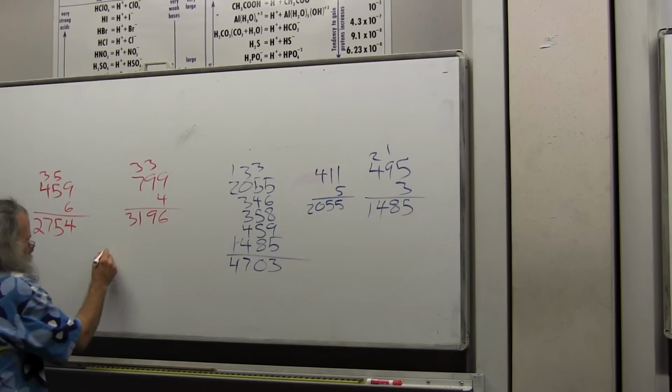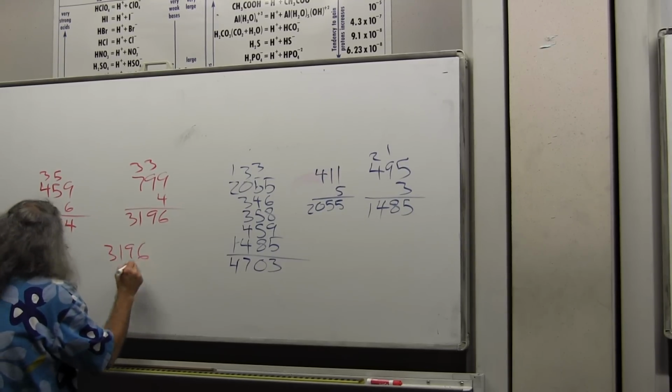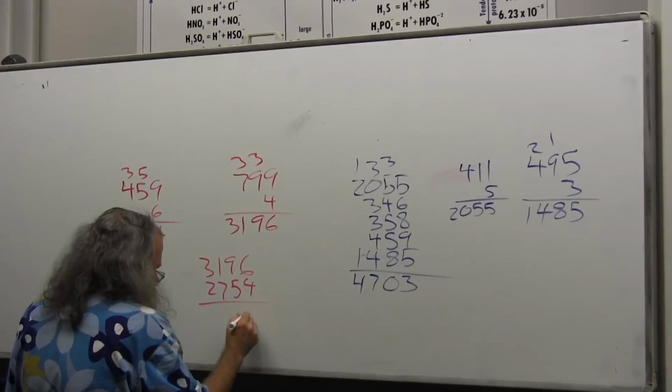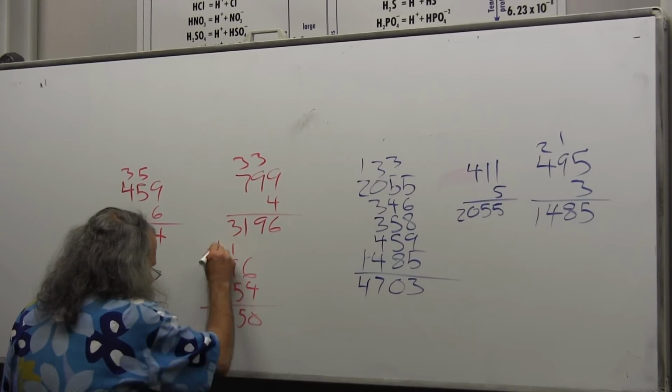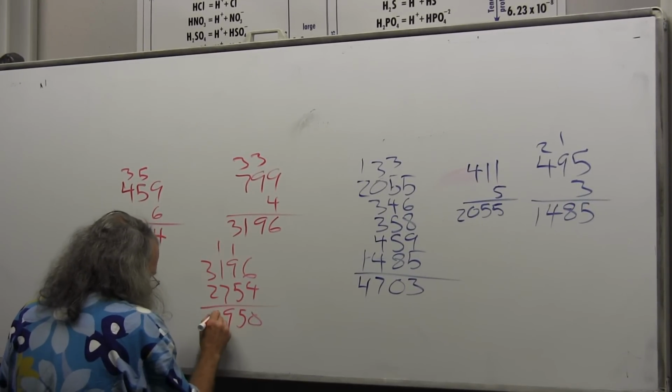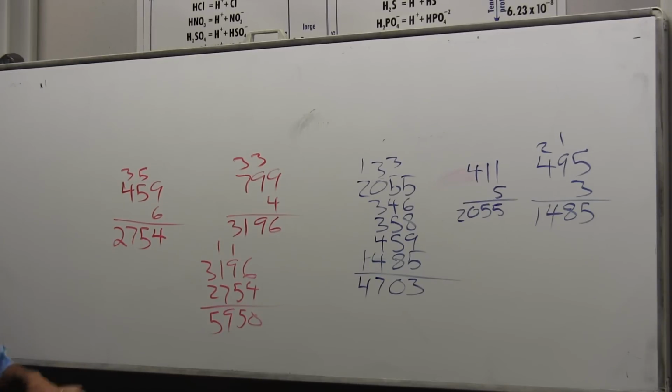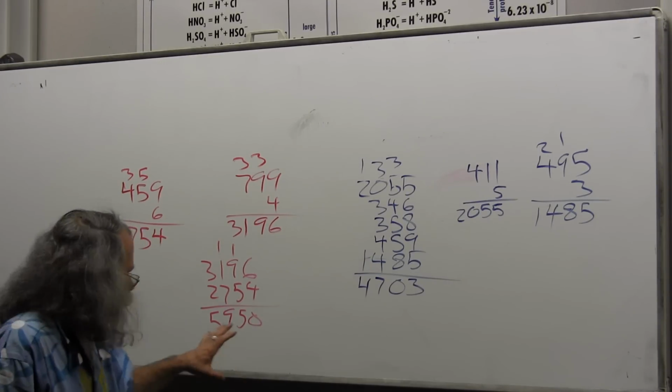So now I have to add 3196 and 2754. 6 and 4 is 10, 15, 9, and 3 and 2 is 5. So now I've got all the rough calculation on my scratch paper. I can go back and include this in.